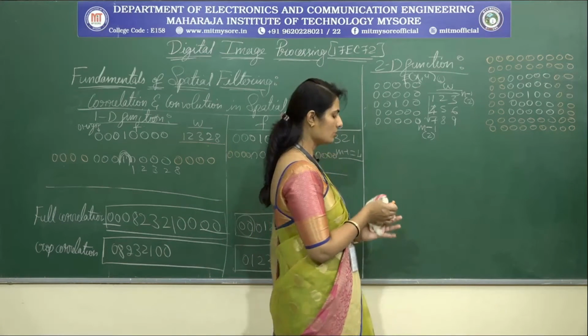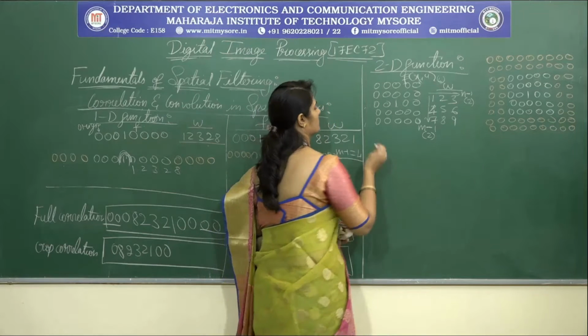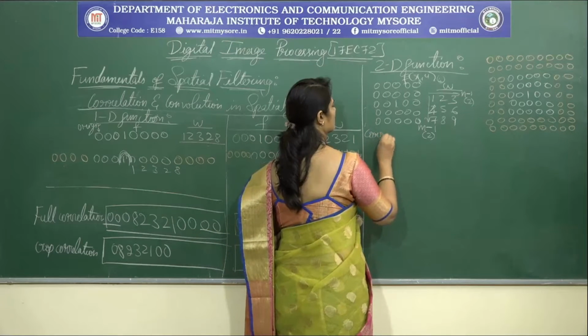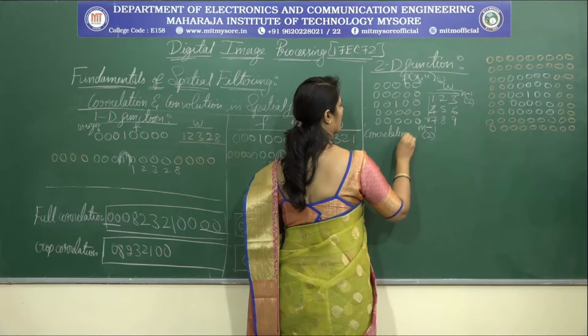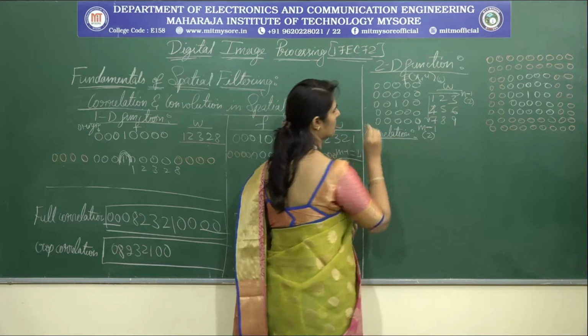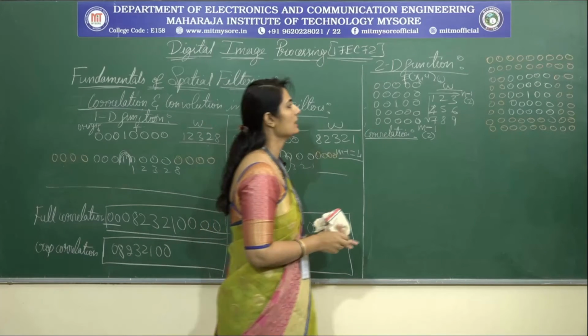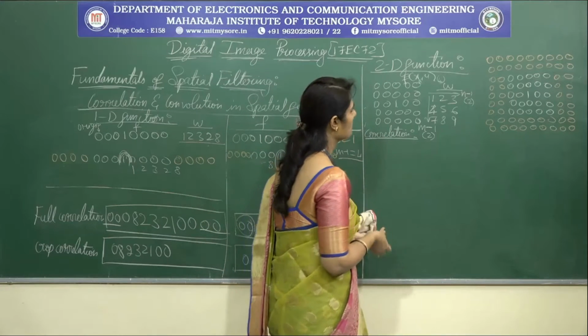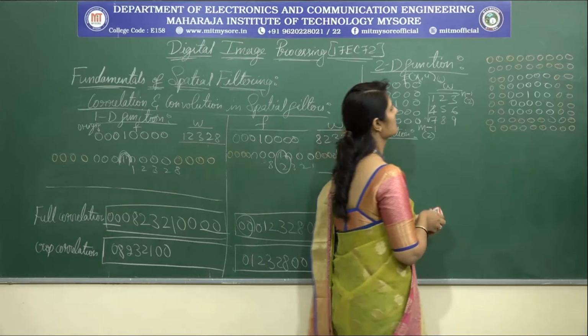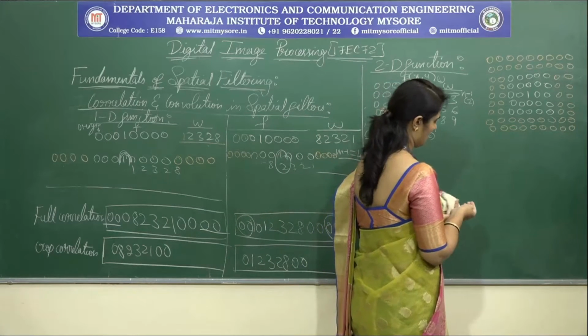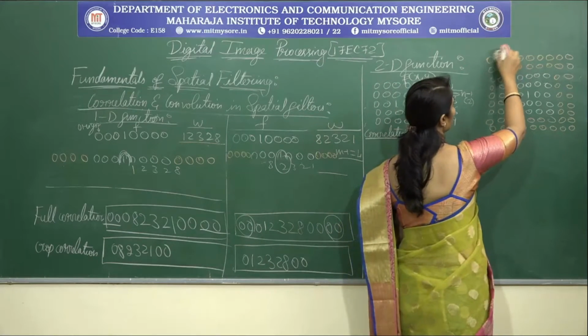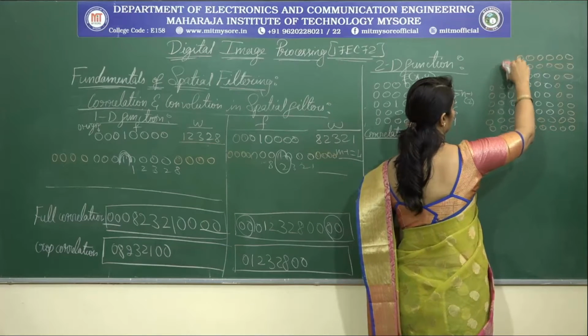Okay. So in order to perform correlation, first I will perform correlation. So in correlation, the mask how I am going to pad is, so this is how I get. So here I should move this mask over this entire image.